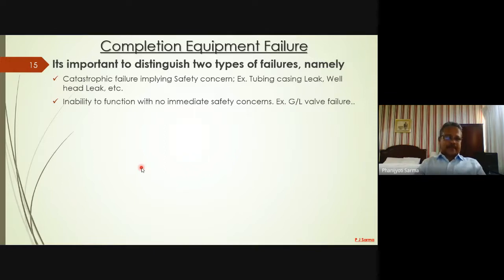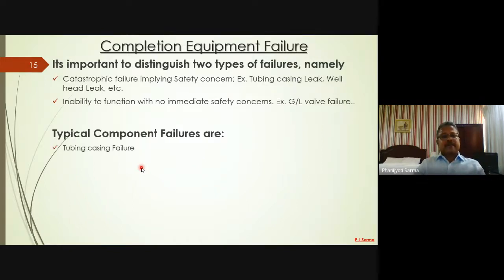One is directly having the safety concern, because if those concerns are not addressed immediately, there would be disasters, environmental effects, and a lot of waste will be generated in the process.